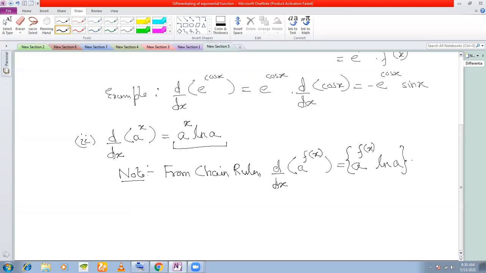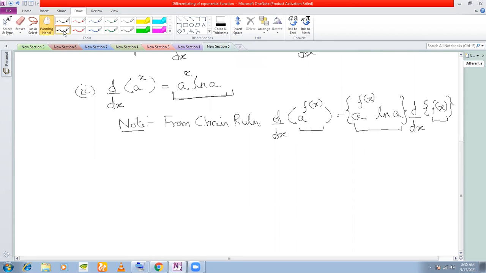And then you differentiate f(x). You understood what I said? Just as you differentiate here, you differentiate a to the power of f(x) to get this part, right? And then you differentiate the exponent, which is f(x). Clear with this?